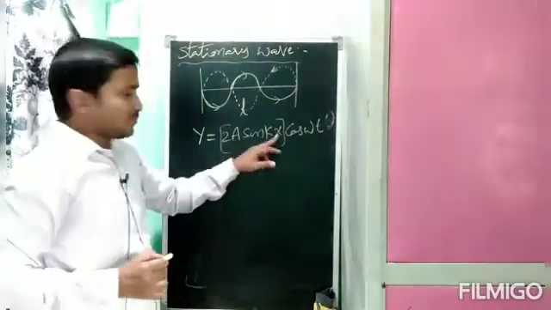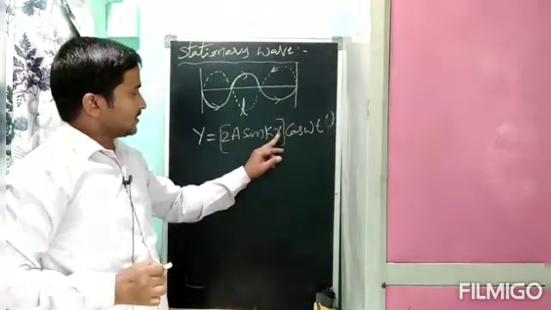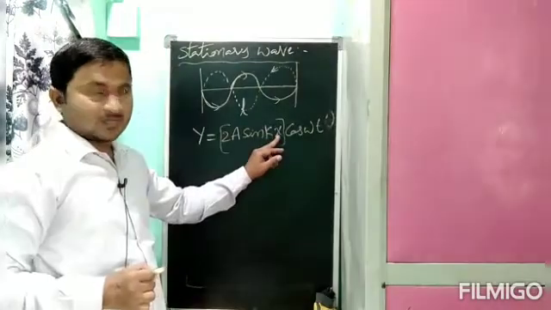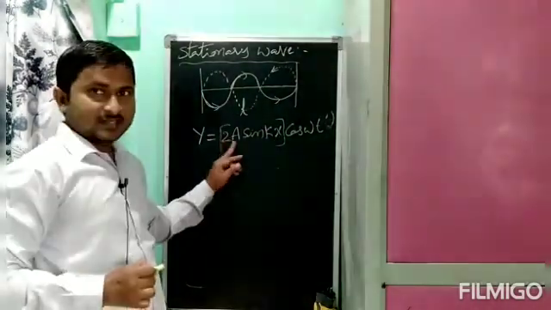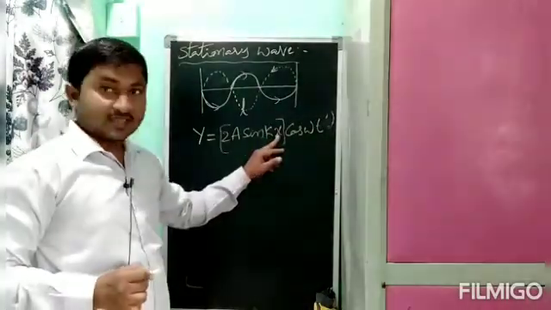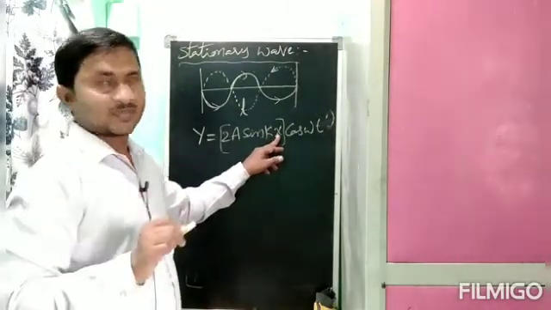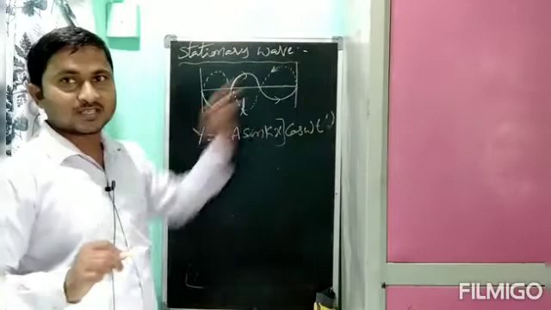Here this amplitude is not constant. It depends upon the x value. Here 2 is constant, a amplitude is constant, k propagation constant, but the distance x is not constant.